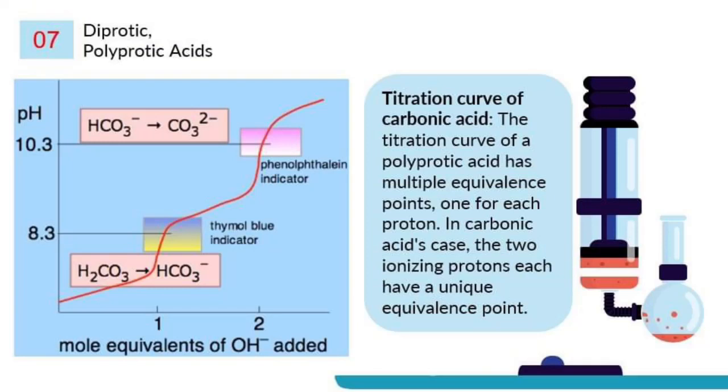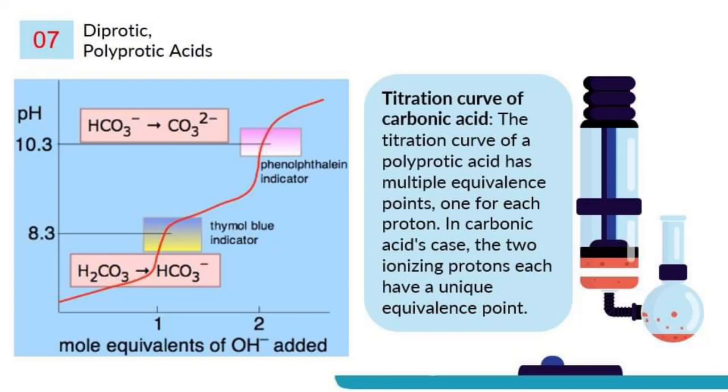The key point here is that the dissociation of each proton occurs at a different pH because the acidity of the remaining species changes with each dissociation. In a polyprotic acid like carbonic acid, the first proton dissociates completely before the second proton begins to dissociate.